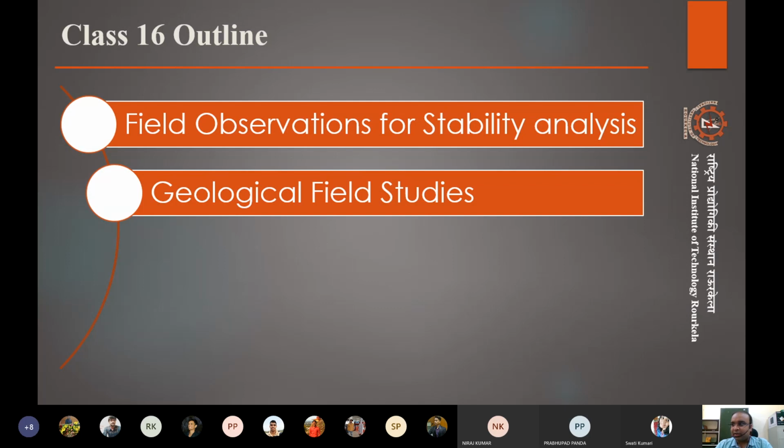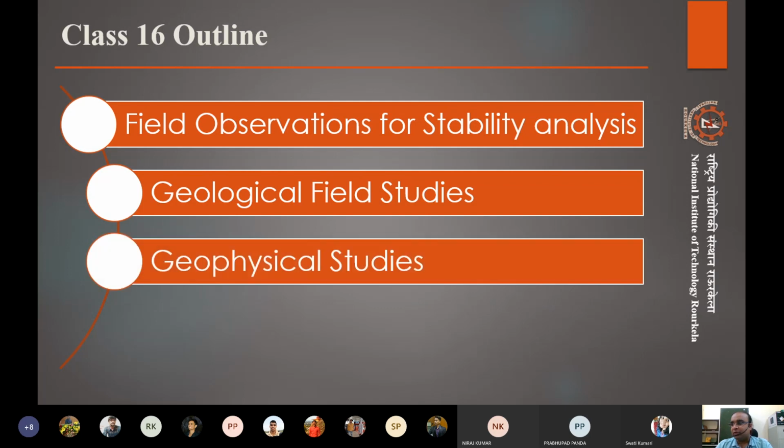So today we'll be seeing two main aspects of that, or two or three, whichever is possible. Geological field studies we were already discussing, so we'll do that: what kind of studies there are, what all it encompasses, what all can be seen. We'll also learn about geophysical studies.